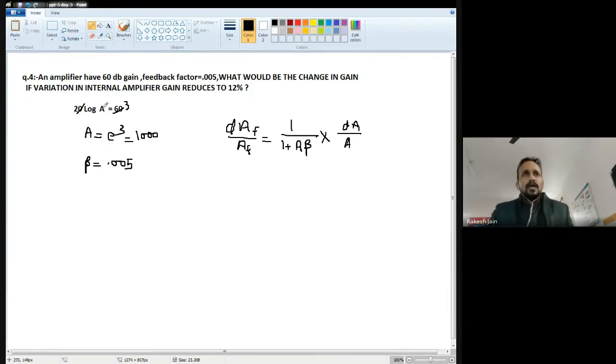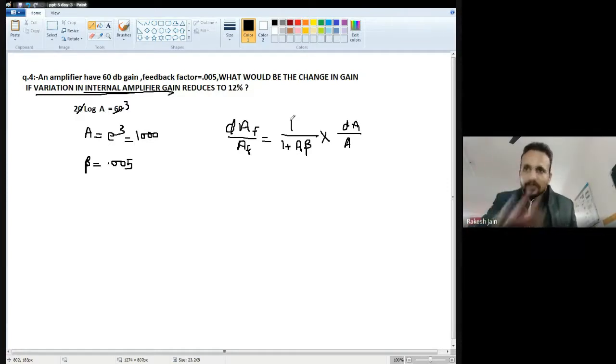Variation in internal amplifier gain means DA upon A; internal amplifier means the without-feedback case.